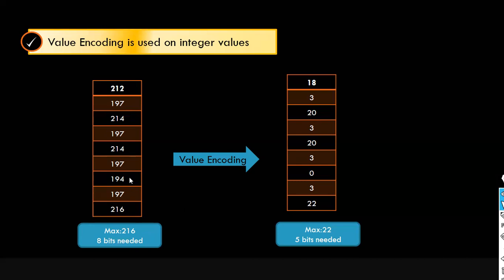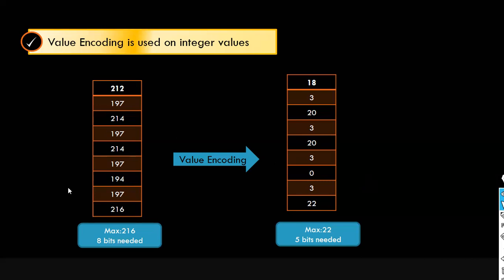It takes into account the minimum value, 194. So 212 minus 194, how much? 18. Right. 197 minus 194 is 3. 214 minus 194 is 20, 197 minus 194 is 3, and 194 minus 194 is 0.